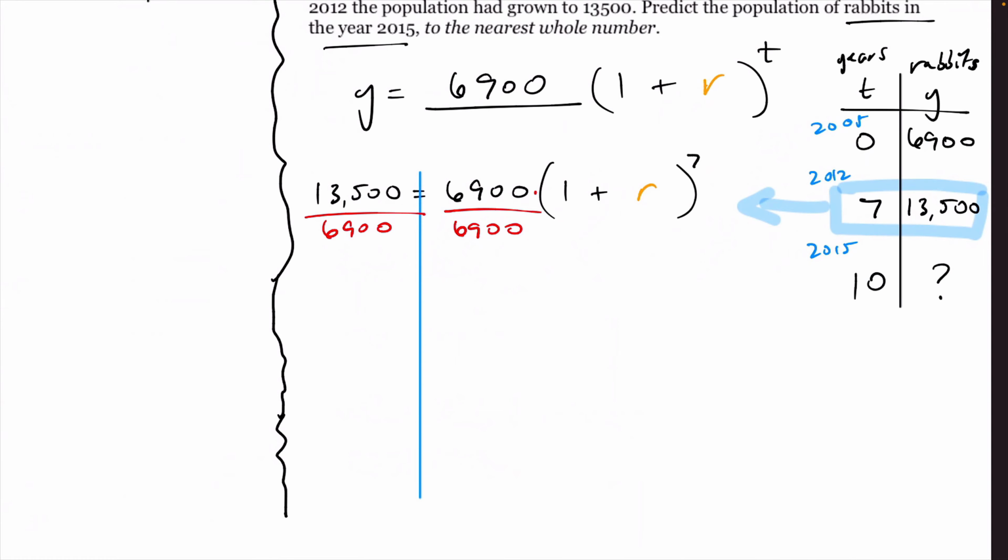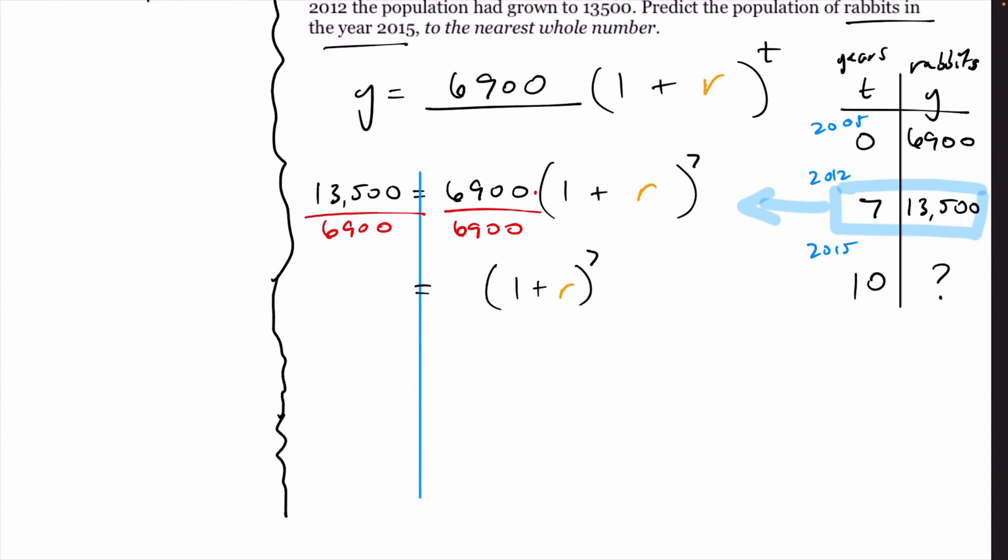So then I'm going to go to my calculator, and I'm going to say, calculator, what is 13,500 divided by 6,900? Okay. What do you get? Sometimes it's a nice, pretty number. Sometimes it's a decimal. I think this one's a decimal.